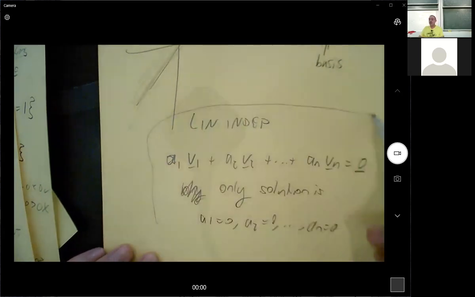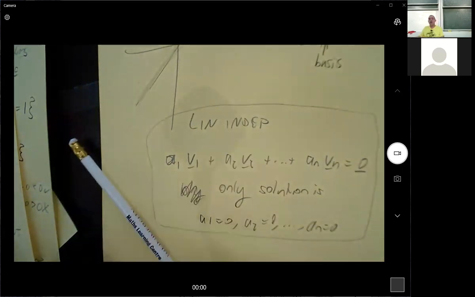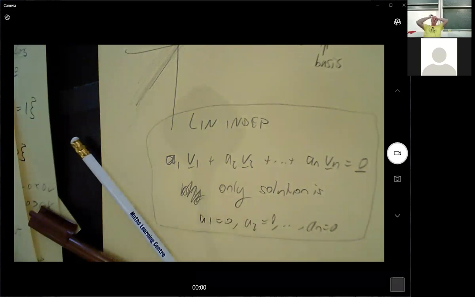That's the definition. That says that if you want to tell if vectors are independent, you must create this equation, do some working, and have this as the final conclusion, and then you will conclude, yes, they are definitely linearly independent.